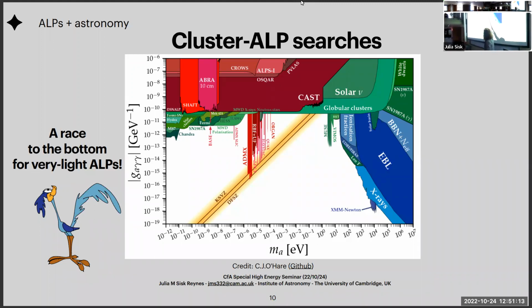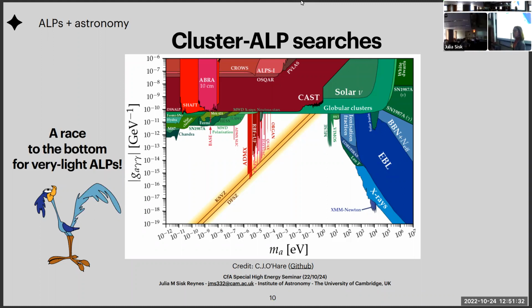So the idea is to find astrophysical sources that allow us to go as deep down as possible, so as to expand the parameter space for G that has been excluded for a given axion mass.